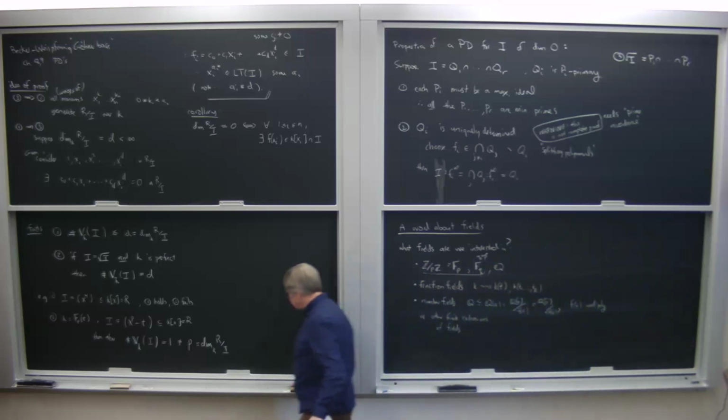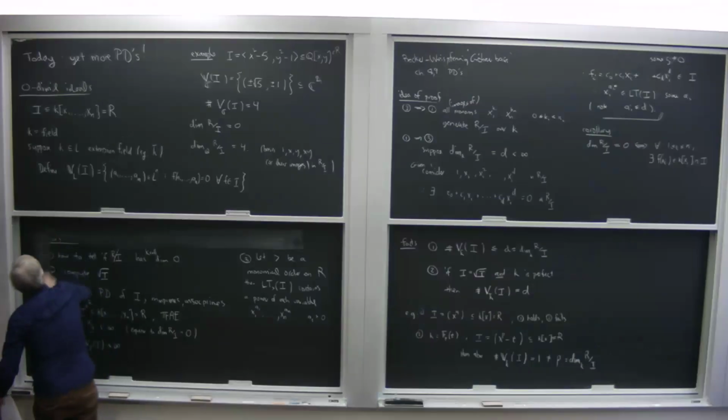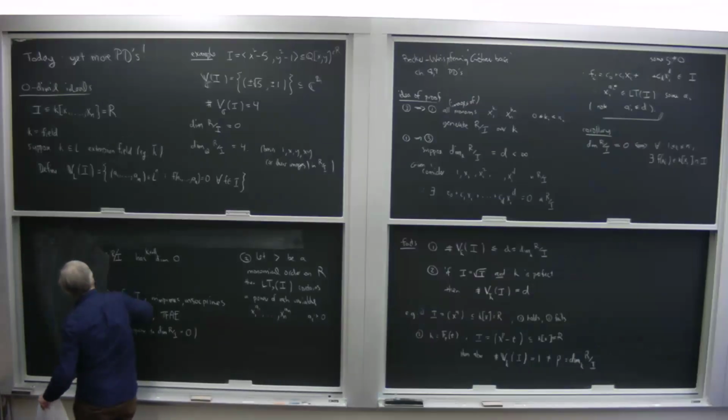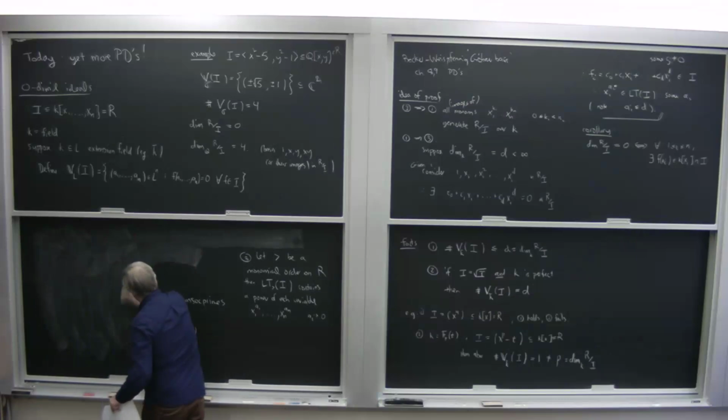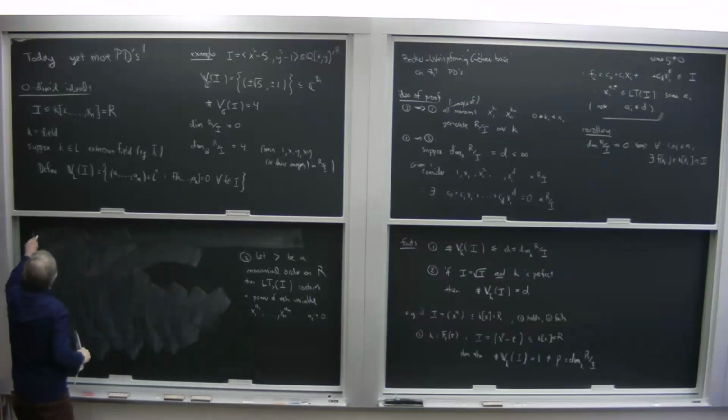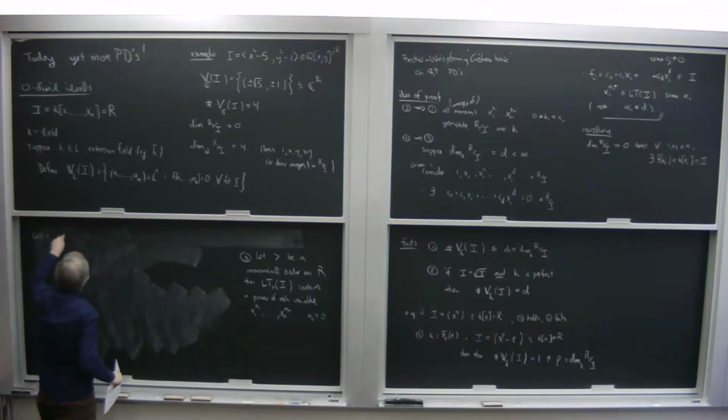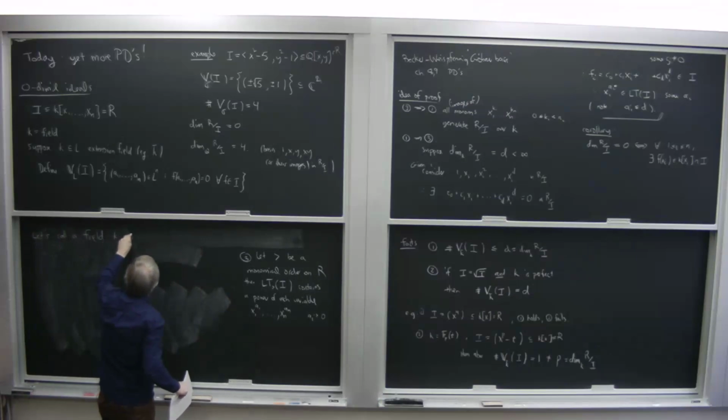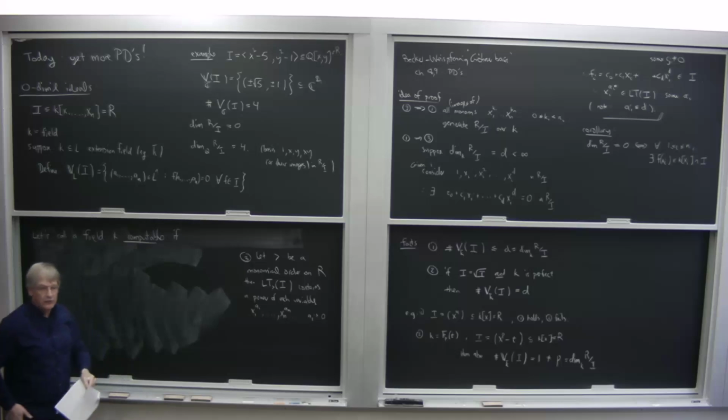So let's go back over here. Let's call a field K computable if the following kinds of things hold. This is kind of not a mathematical definition.